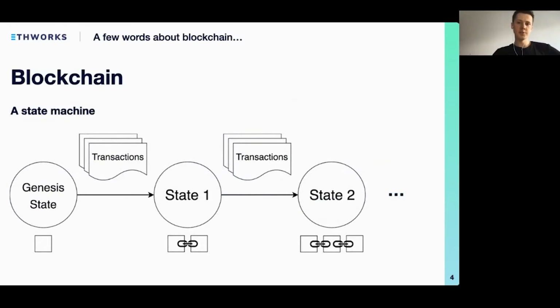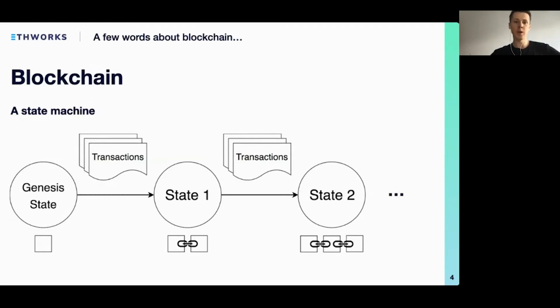Blockchain can also be viewed as a state machine. So you have a genesis state, which in case of Bitcoin, we can think of as balances of all of the accounts. And then you have a bunch of transactions, which can be seen as, for instance, transfers of cryptocurrency.